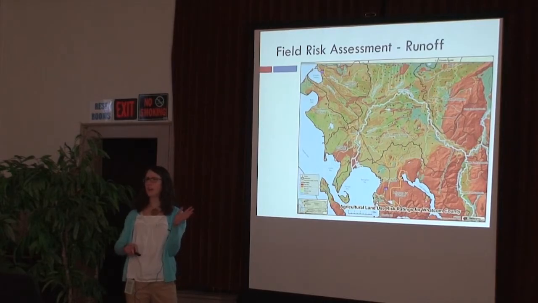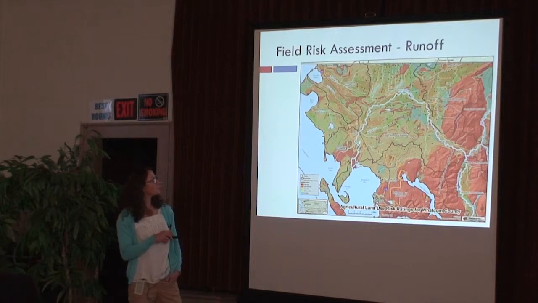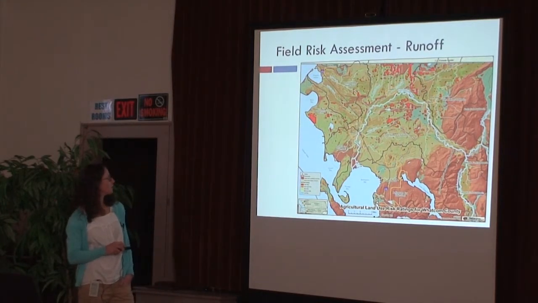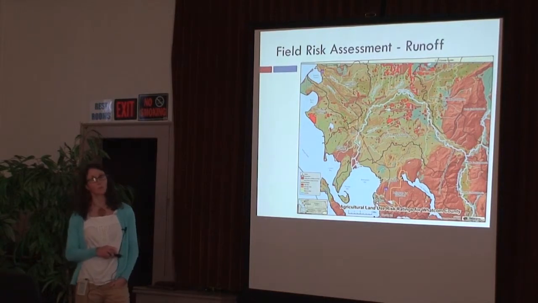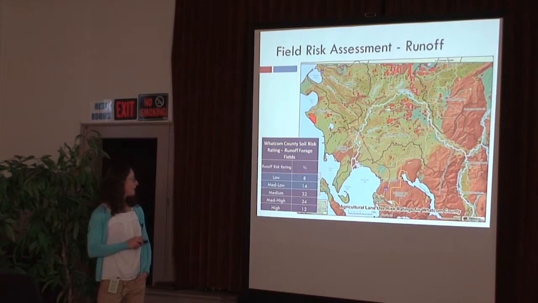Again, red is high risk, blue is the lowest risk, rainbow order. All the red dots are dairy facilities, and the green hash, you can see, are the dairy fields. So generally, what kind of fields do we have here in the county that are low risk? I just highlighted in red what our low risk fields are.